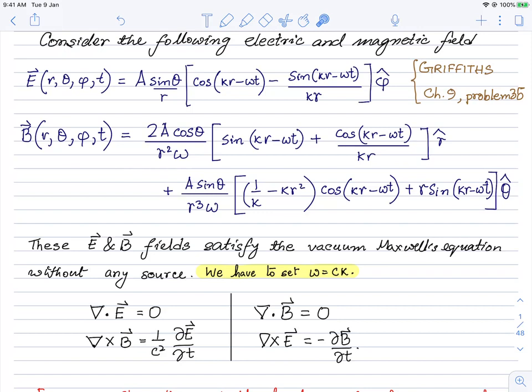If we consider the term in the electric and the magnetic field which has the smallest power of r in the denominator, here this is going to be this term, and for the magnetic field, let's see, this term. These are the two terms that have the smallest power of r in the denominator, and that power is 1 over r. These are the two terms in the electric and magnetic fields that go as 1 over r.